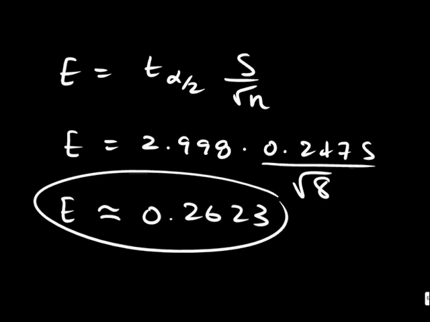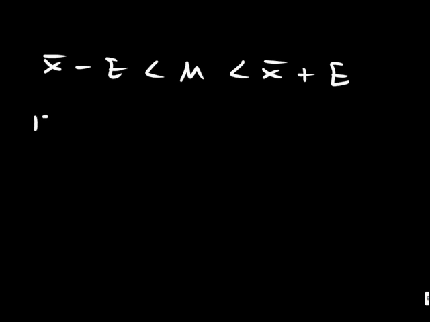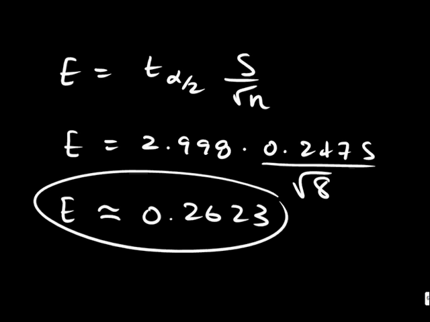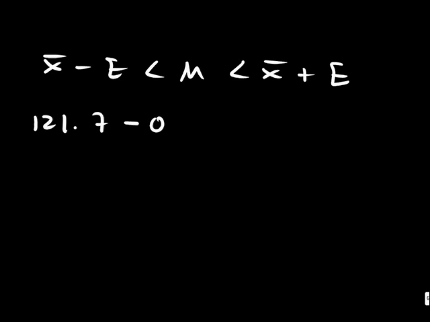Using the sample mean minus the error, less than true mean, less than the sample mean plus my error. Sample mean again is 121.7 minus the margin of error of 0.2623, sample mean plus the margin of error, 0.2623.